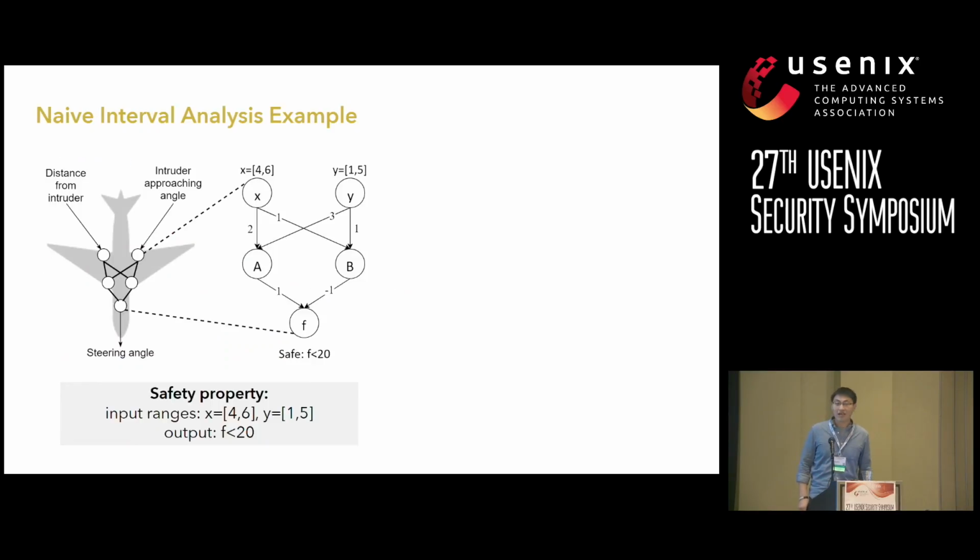Here, we give a simple example to show how we can apply interval analysis to verify certain safety properties. Given a neural network, which has the input as distance x and the approach angle y, it will output the turning angle f, and we want to check whether the output is always less than 20.